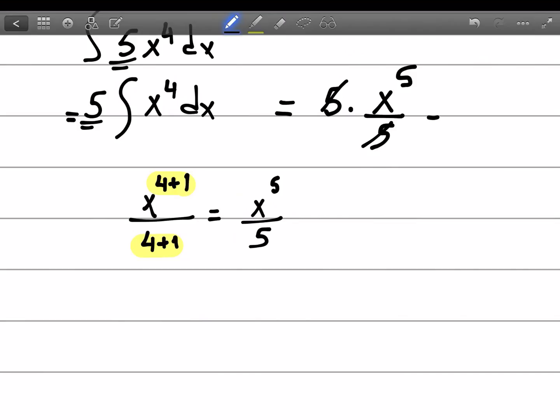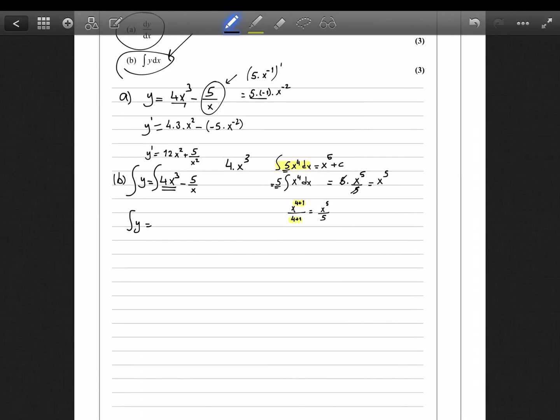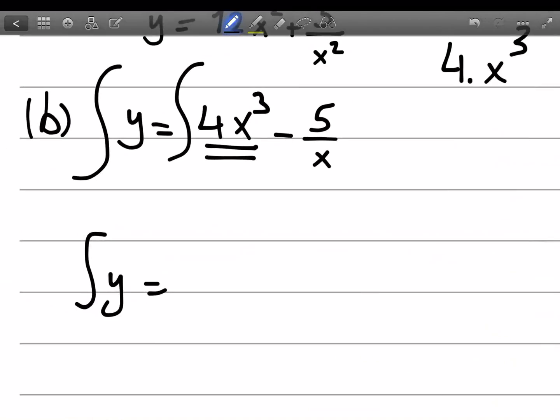These are cancelled and the answer will be x to the power of 5. Then this is equal to x to the power of 5 plus the constant. What about our question? Our question is similar to this: 4 is outside, x cubed dx.